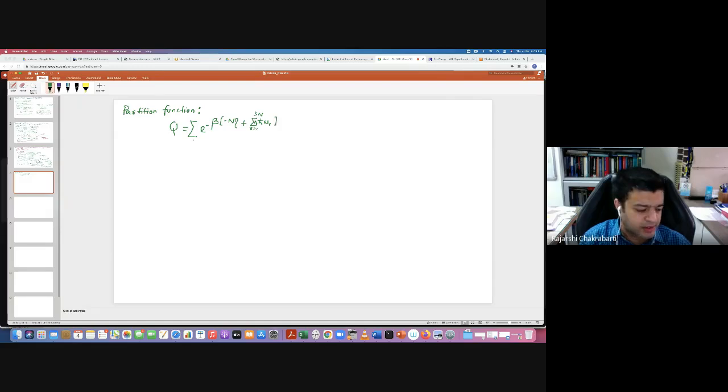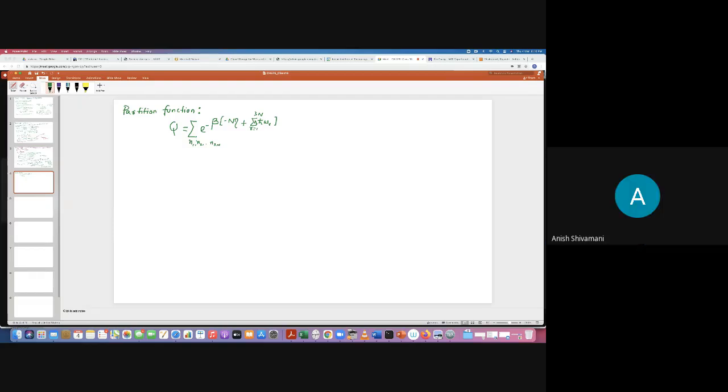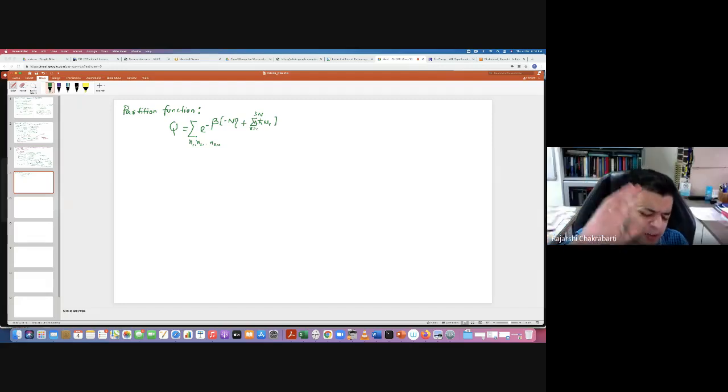What will be the sum here? This is actually n1, n2, n3, and so on. For each atom you have one quantum number n. For atom number 1 it is n1, for atom number 2 it is n2, like this. Frankly speaking, it is not like that.